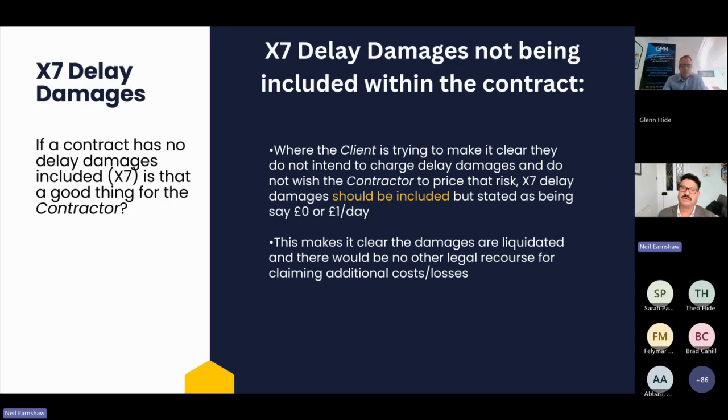We know it's either 0 or 1. That's the strongest position for a contractor to be in. Whether a client would accept that or not is down to the individual client and the parties to negotiate. So make sure that it's covered off in your contracts in some way, shape or form. That's the best way to protect the contractor's interests.